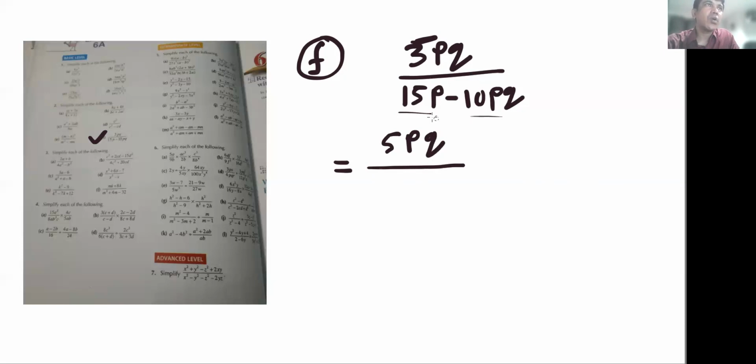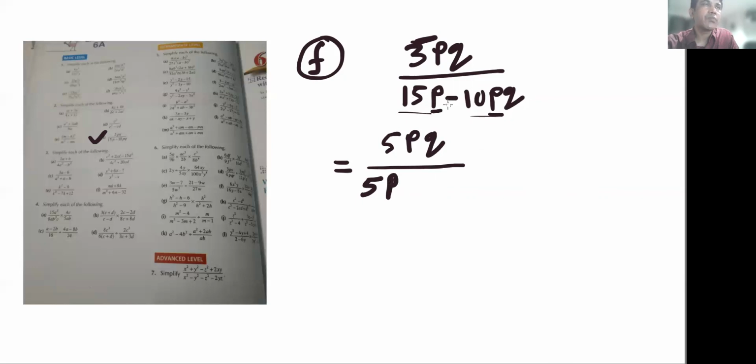Can we take any common from these two, 15 and 10? We can take 5 common. So can we take P and P common, because it's in both terms? Then is there any Q for both?